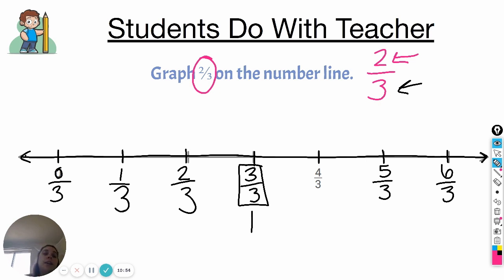Okay, so to find 2/3, you could have looked at what we already labeled, or you could have started at 0 and made 1, 2 jumps, plot a point. We've now graphed the fraction 2/3.